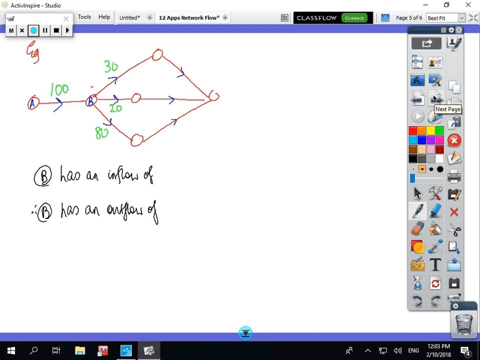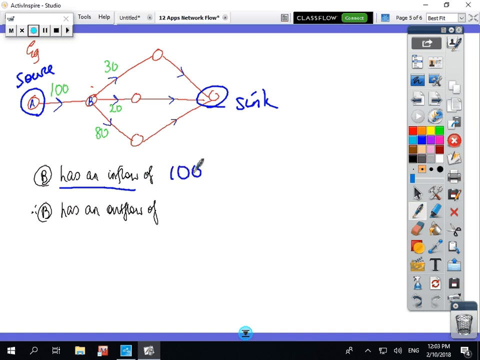Okay, so A is the source, and F is the sink. So what does B have this time? It has an inflow of 100. Now this time its outflow is 130, but it can't get to 130, so its outflow must still be 100.